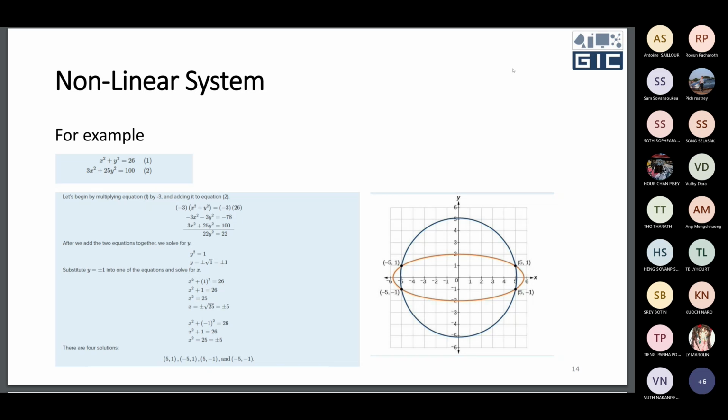So, for example, the first equation, I just multiply by -3. After that, I take the first equation and add it to the second equation, so I can eliminate one variable, x. So I can get the answer y. When we multiply -3 into the first equation, you will get minus x squared minus y squared and then minus 26 multiplied by 3.